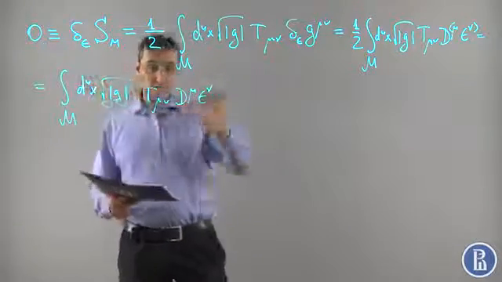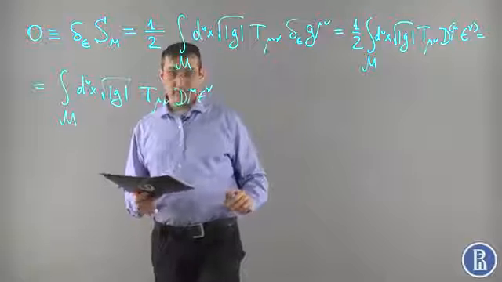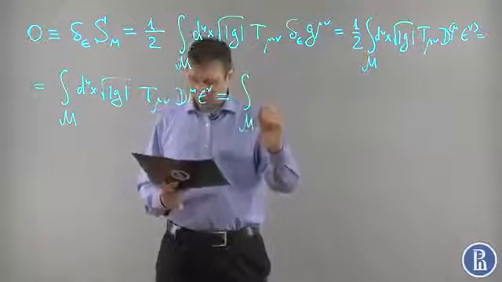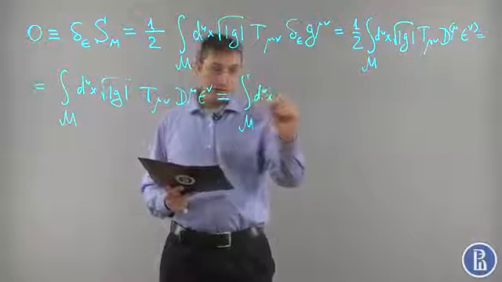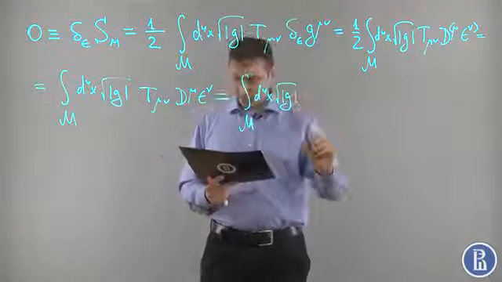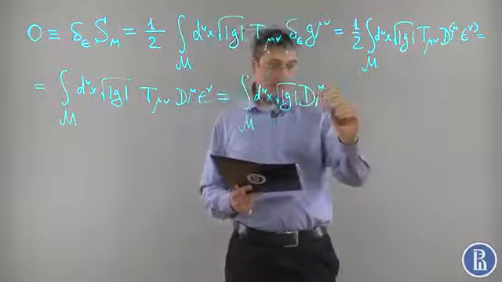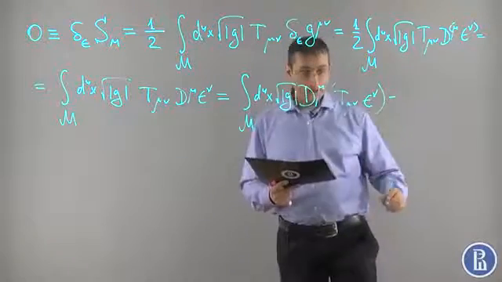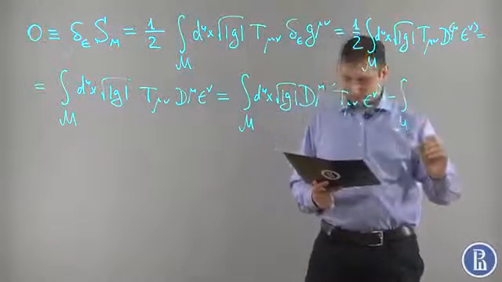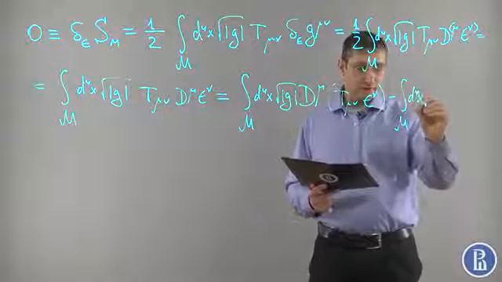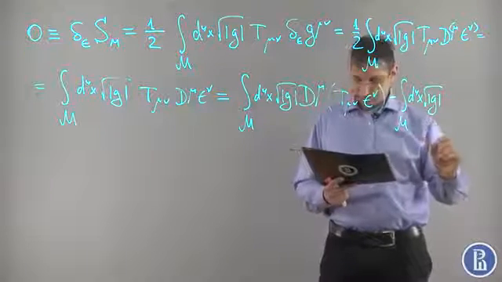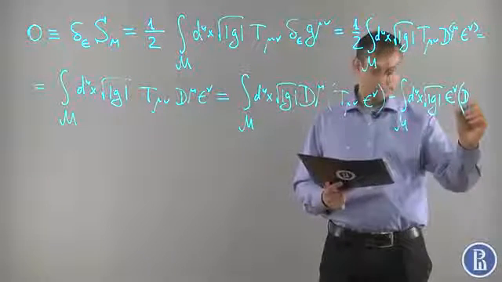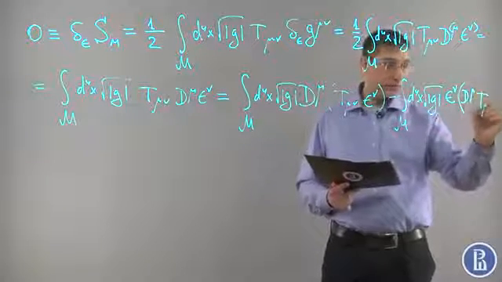To do that, we represent this as a difference between two integrals: d4x square root of the modulus of g times the total derivative of t mu nu epsilon nu, minus the integral over the space-time manifold d4x square root of g epsilon nu times d mu t mu nu.